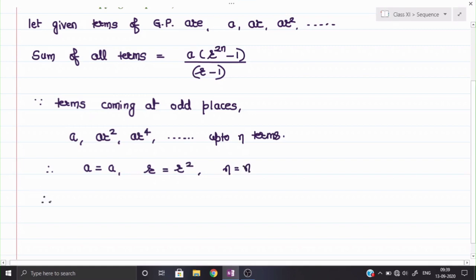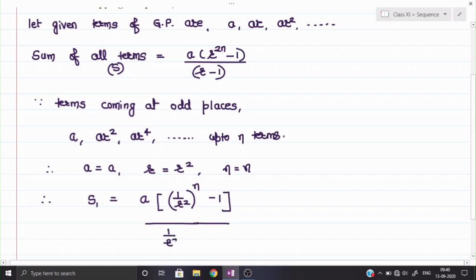So we denote this sum by S1, and the sum of all terms I am denoting by capital S. So S1 will be equal to, same formula I am applying, only the difference will come: the first term will be a, but r will be r square.